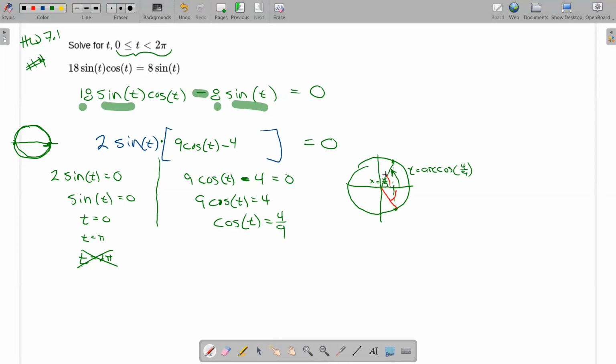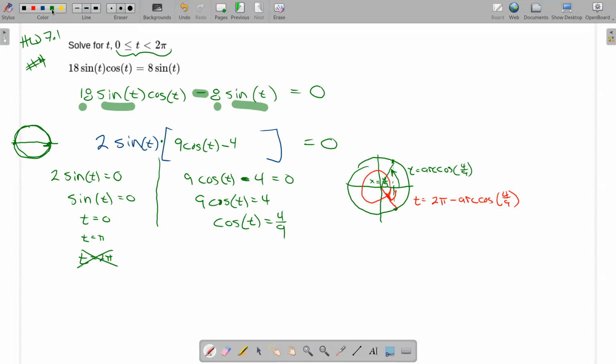So if I spin around 2 pi and then back off back here, that's going to be that solution. So the other solution is t equals 2 pi minus the first solution. So like with the sine, the other solution that the arc sine doesn't know about is always pi minus. With the cosine it's always 2 pi minus because of the symmetry on the circle.